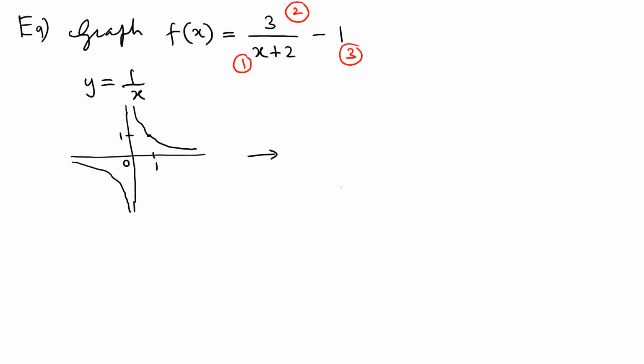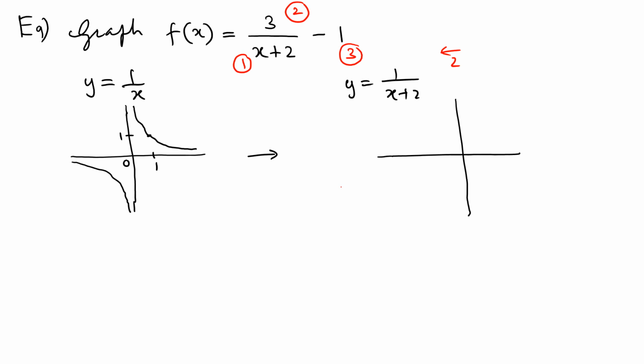What we're going to do is the horizontal shift. So it's y equals 1 over (x plus 2). You can see it's a plus, so we're going to move to the left 2 units. The new graph looks like this.